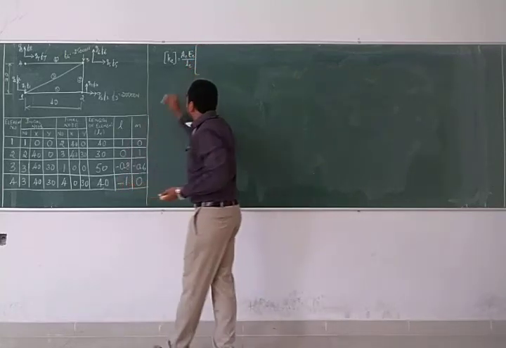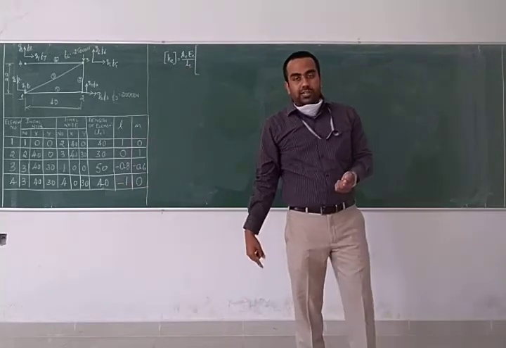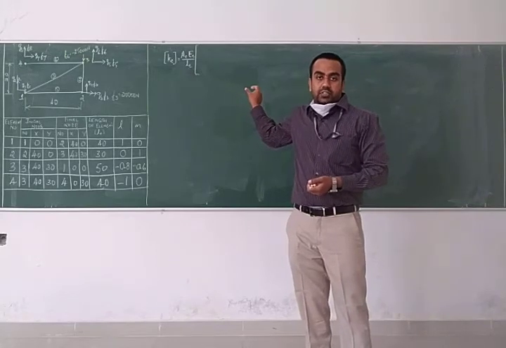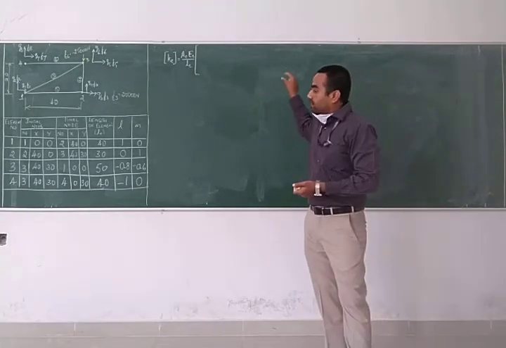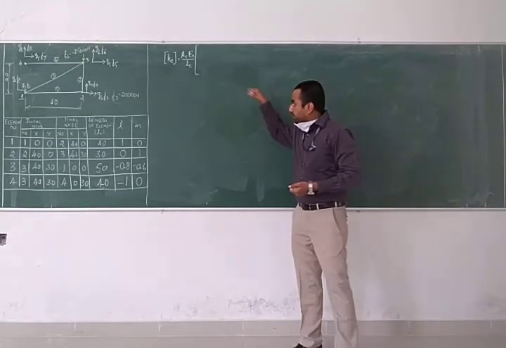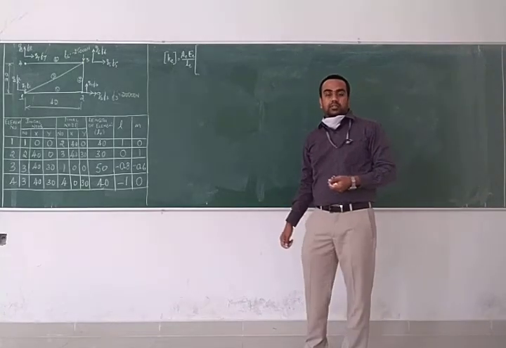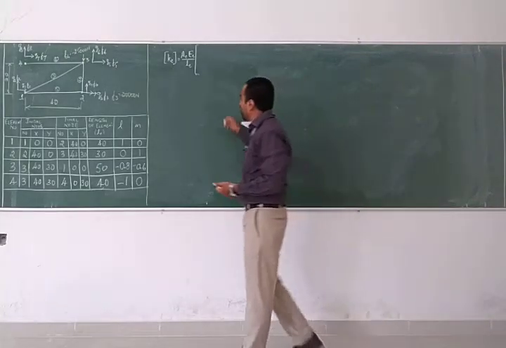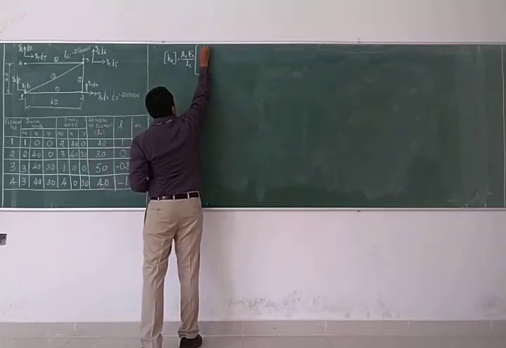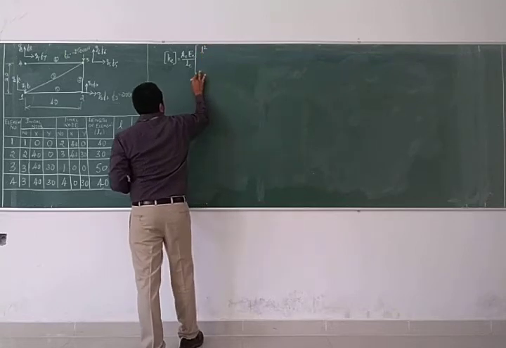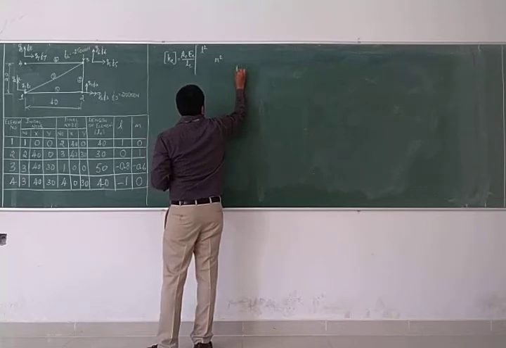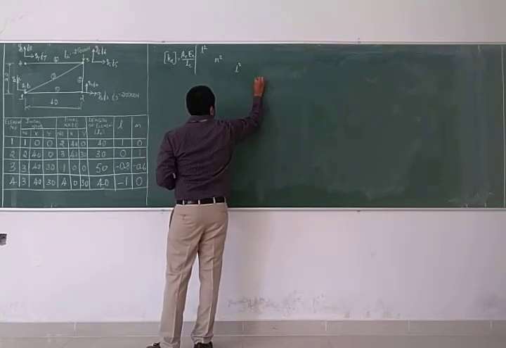There is a small correction that I have put up in the Google Classroom. In the notation or the element definitions that we have taken, the second row last element is actually m square, not l square. So I'll write the proper elemental stiffness matrix notation now. First I will write the diagonal elements: L square, M square, L square, M square.